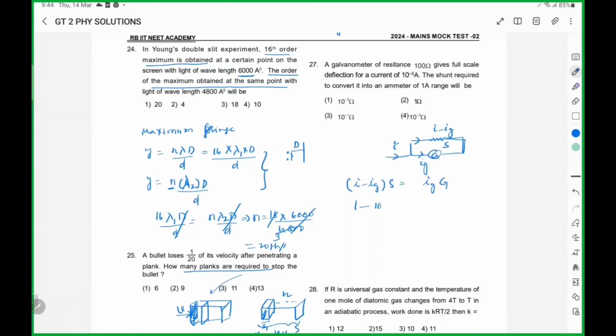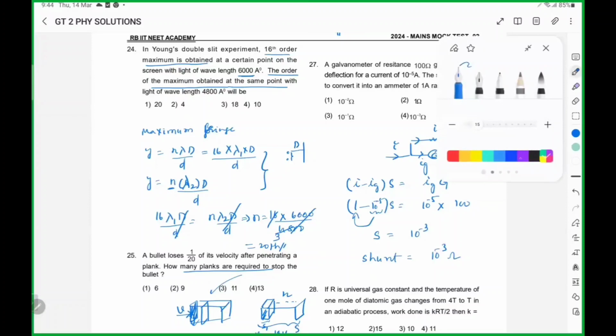Ig will be 100 into 10 power minus 5 into S. G will be 100. 10 power minus 5 is very small when compared with 1, so you can remove it and straight away write the answer. So the shunt which has to be connected in parallel is this.